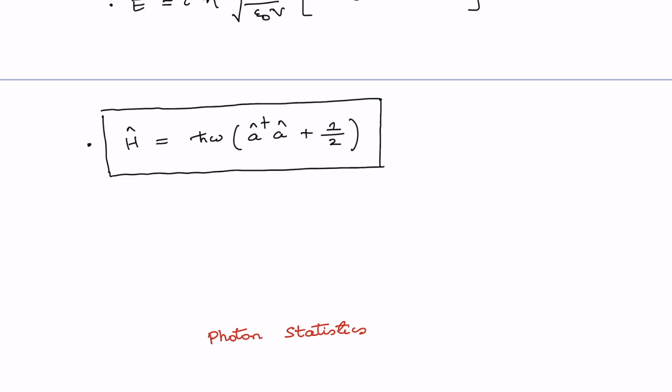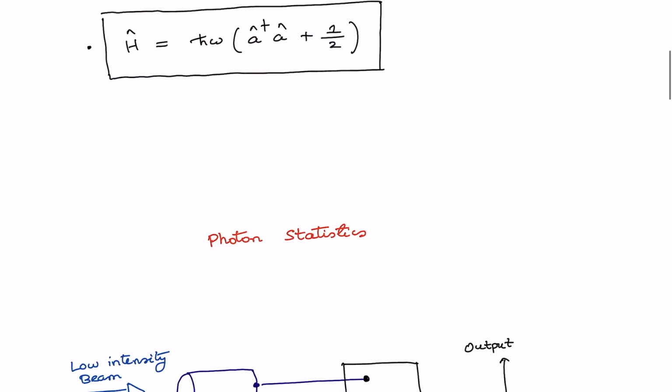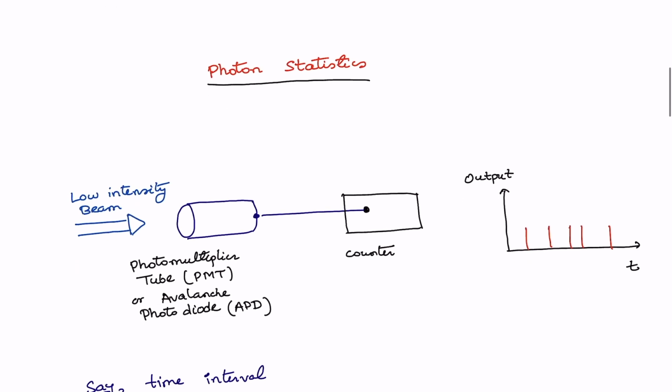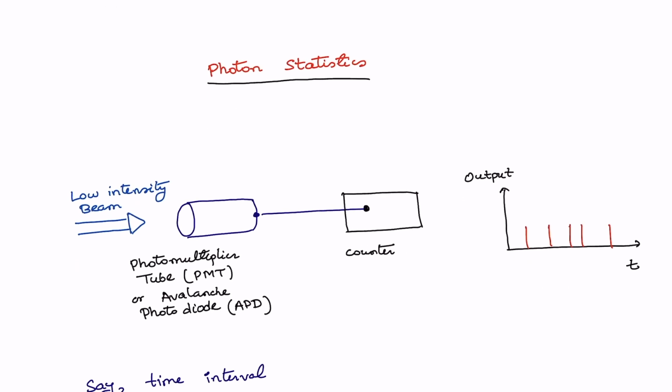Okay. In this lecture, however, we are going to discuss photon statistics, and to this end, we are going to consider the detection of a light beam by a photon counter, as illustrated in this figure here.